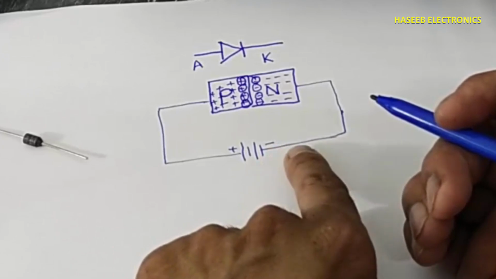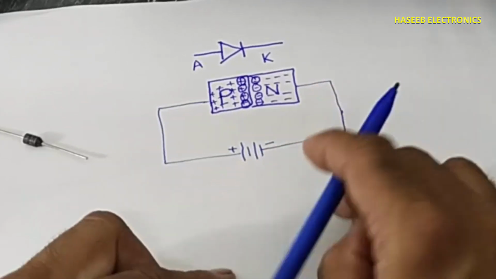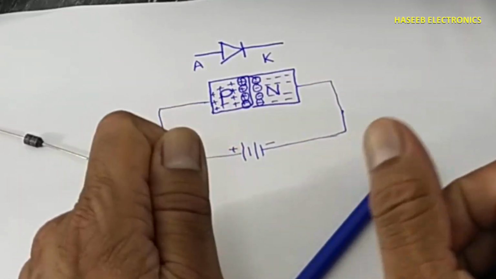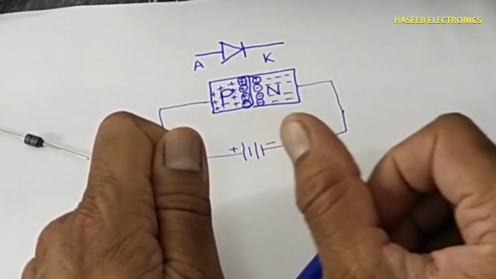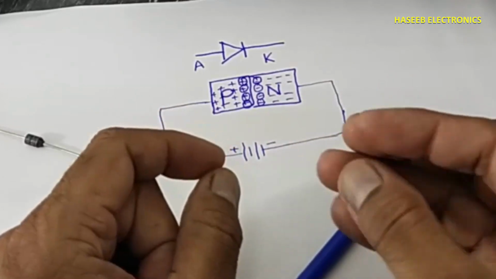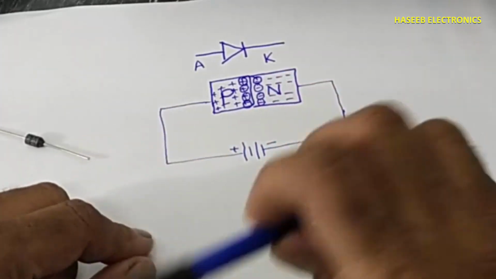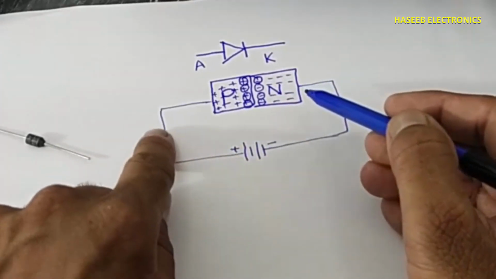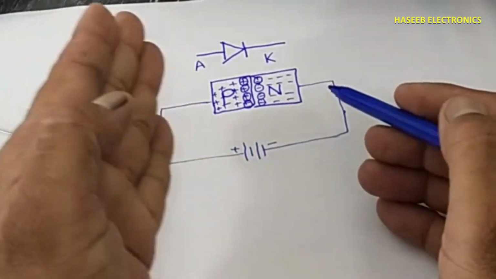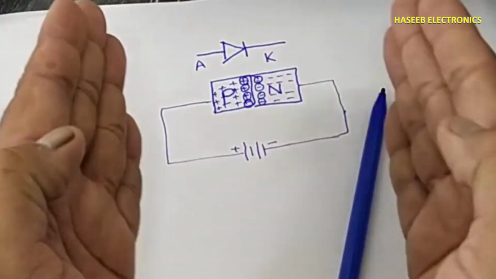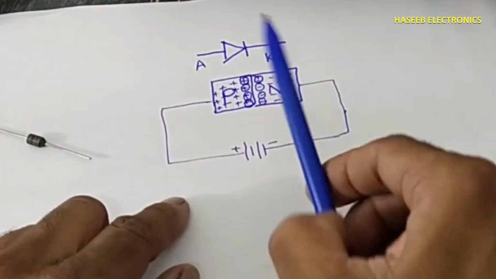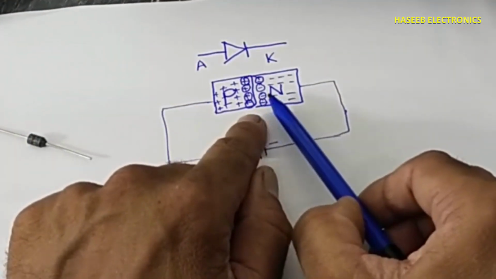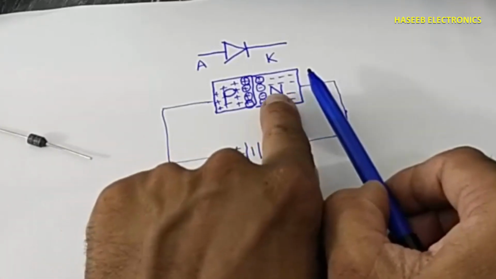Free electrons from here will move and start to push these electrons, because similar charges repel each other. Opposite charges attract each other. Here is positive charge, so this positive charge will repel, both will repel from both sides. If there is no neutral area, at that time these electrons will move here.